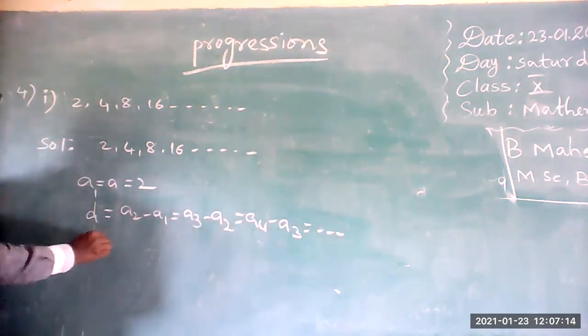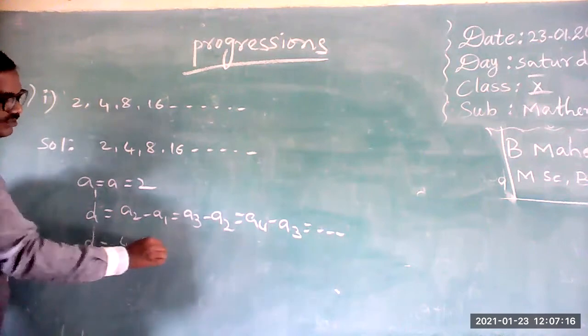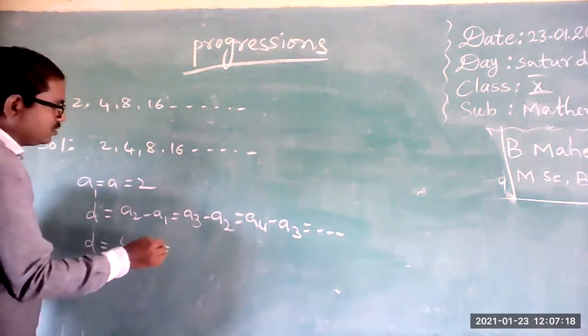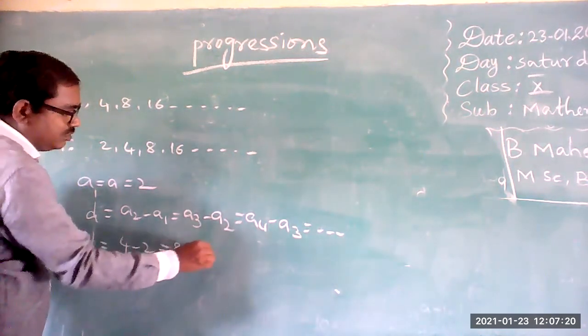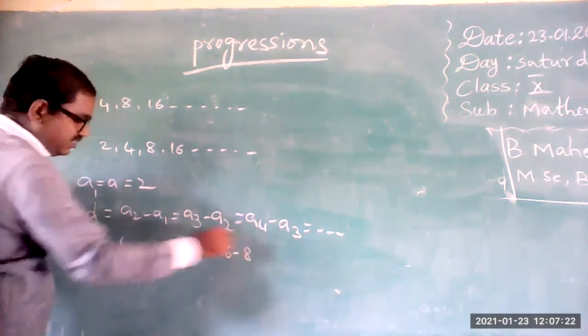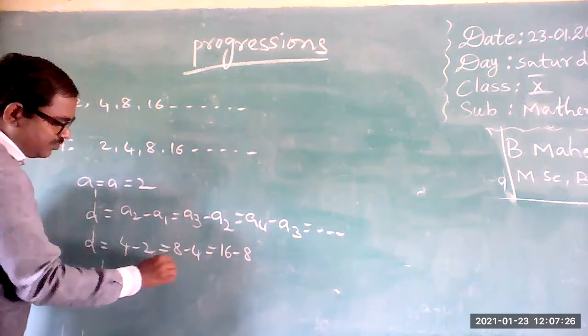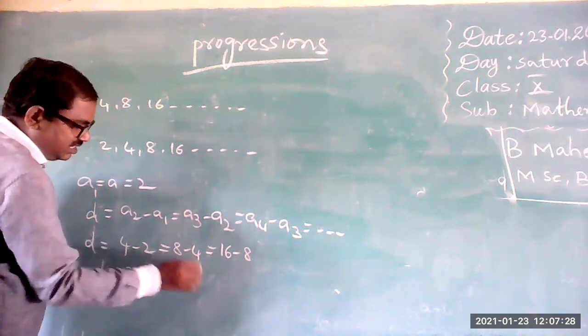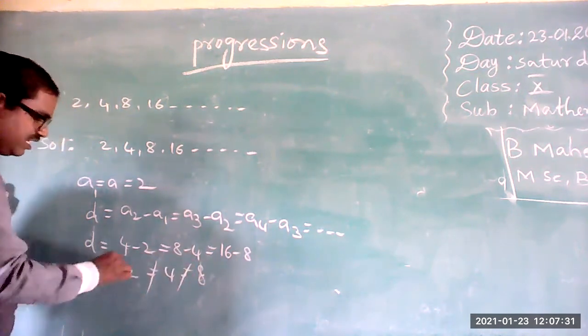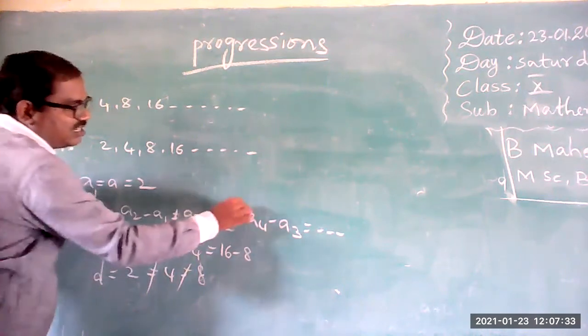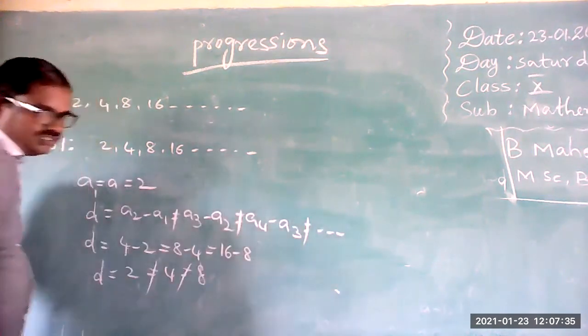So D is equal to 4 minus 2, and 8 minus 4, and 16 minus 8. So D is equal to 4 minus 2, 2, 8 minus 4, 4, 16 minus 8, 8. So your common differences are not equal.